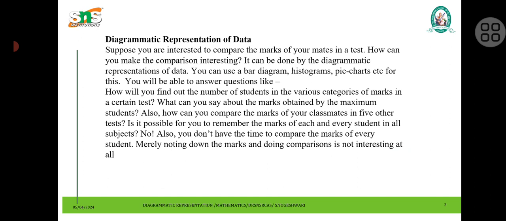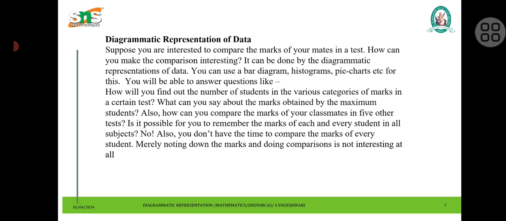Diagrammatic representation of data. Suppose you are interested in comparing the marks of students. You can use the bar diagram, histogram, pie chart, and so on for this. You will be able to answer questions like: how will you find out the number of students in the various categories of marks in a certain test? What can you say about the marks obtained by the maximum students?